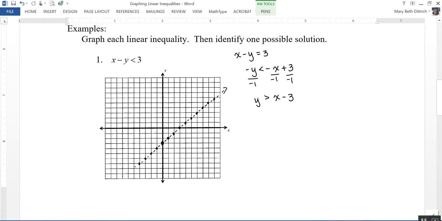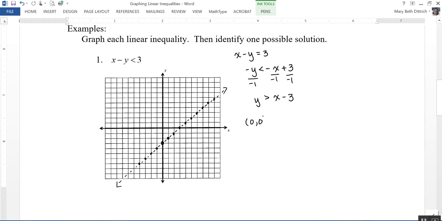Now I need to figure out which side of this line I'm going to shade, which half plane. Am I going to shade above the line or below the line? I want to test a point, and the easiest point to test is the point 0, 0, the origin. As long as your boundary line doesn't go through the origin, you can use that point.